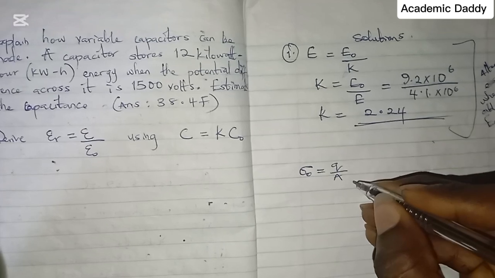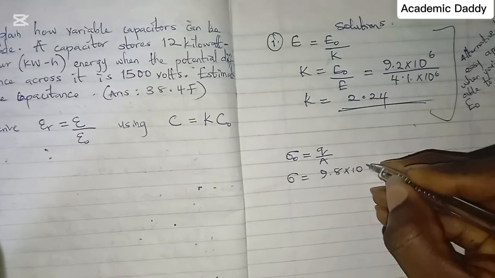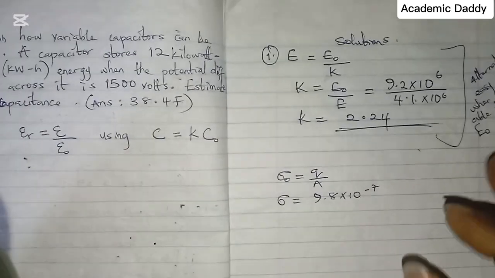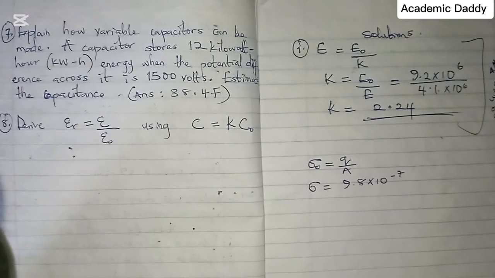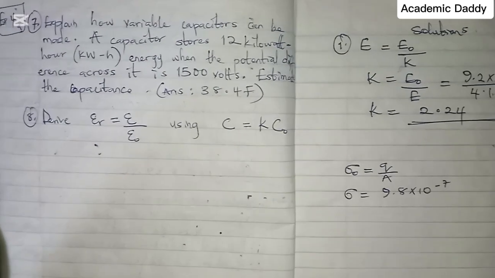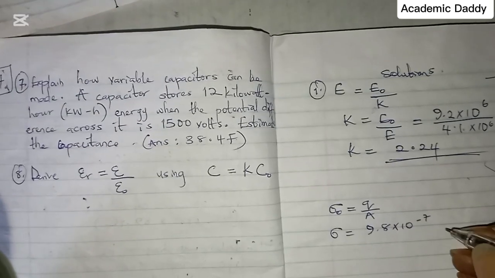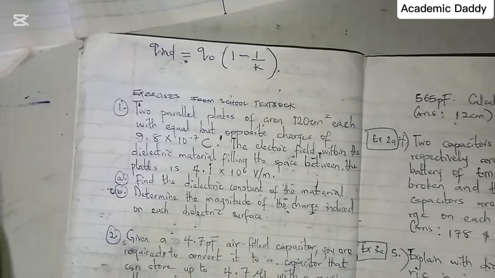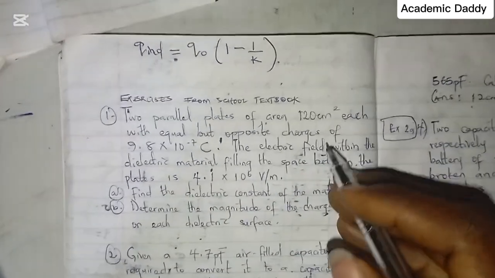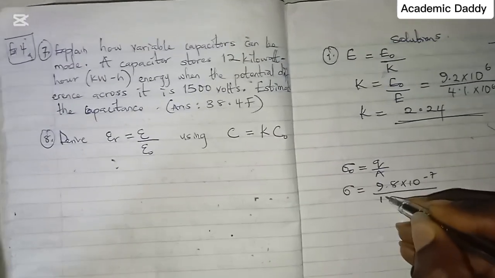In that question, we are given a charge of 9.8 times 10 raised to power minus 7. You go back to the question and pick the values as you follow what I'm doing. The area given is 120 centimeter square, which should be converted to meter square because that's the SI unit.